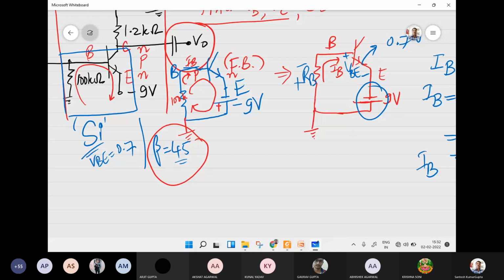Okay, so we were here that we can compute the value of IC in this way with the knowledge of the base current IB. And once we know this value, we can find out other values also, like VCE, by applying the KVL into the output loop. So let us do this also. So let me redraw this circuit here.